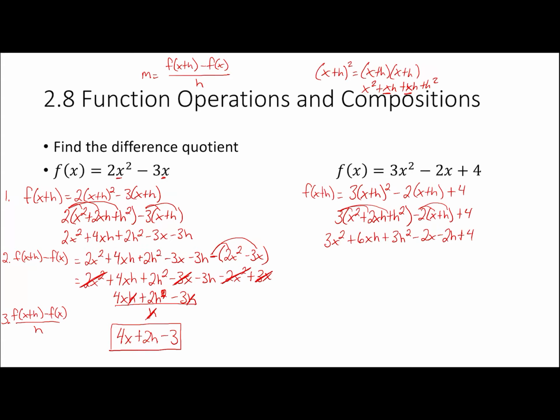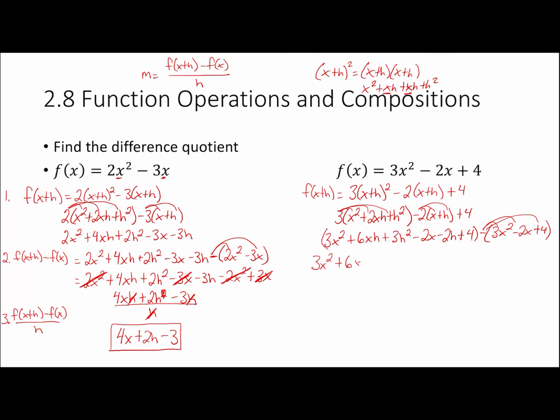That's step 1. But then we need to take all of that, and there's not any like terms here. You'll notice you have an x squared, an xh, an h squared, xh, and constant. But we need to take all of that and now subtract the original function. So instead of having to rewrite it, I'm just going to take all of this and I'm going to subtract from it that original function, which is 3x squared minus 2x plus 4.